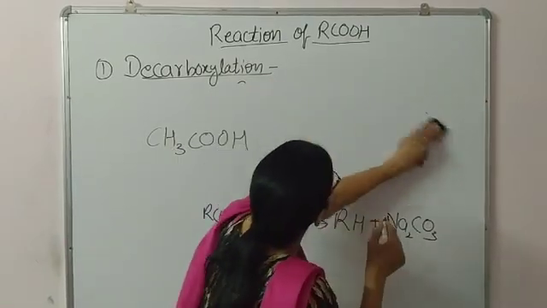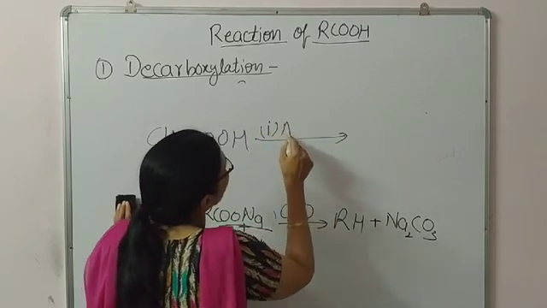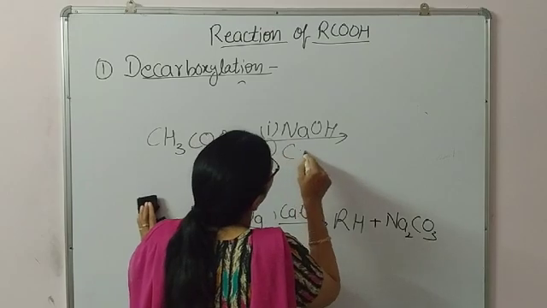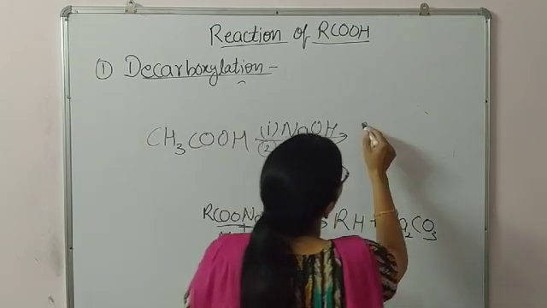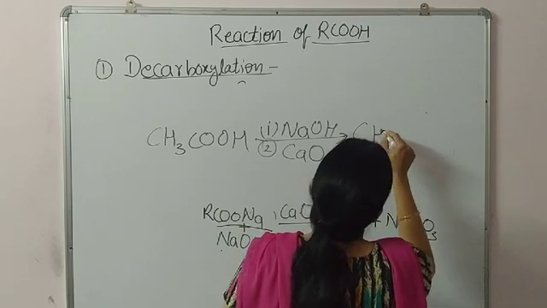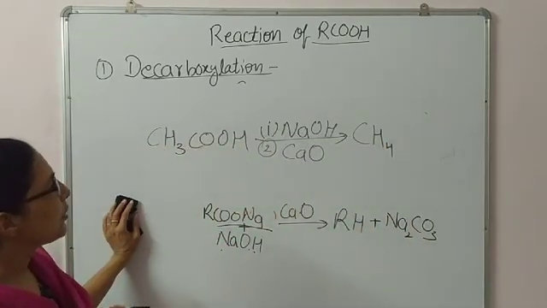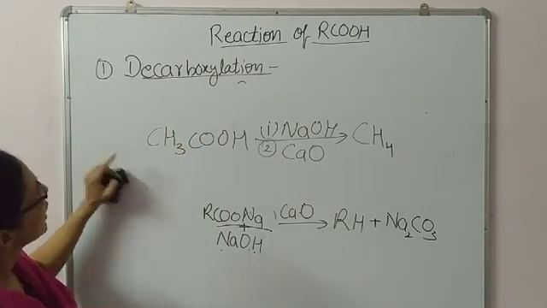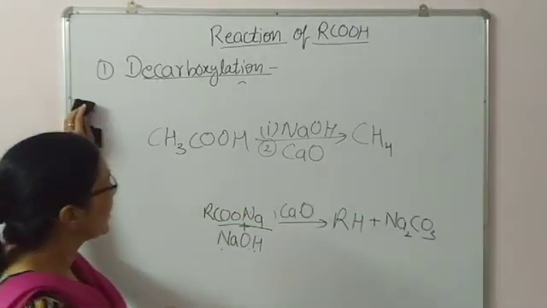Now these two steps can be written in one step, like NaOH first, then CaO. In the reaction vessel, sodium carboxylate will be present and there will be formation of methane. One carbon less alkane will form. It is ethanoic acid and the formed compound is methane.